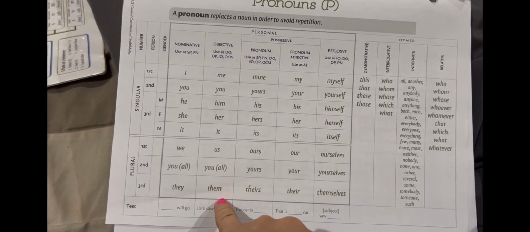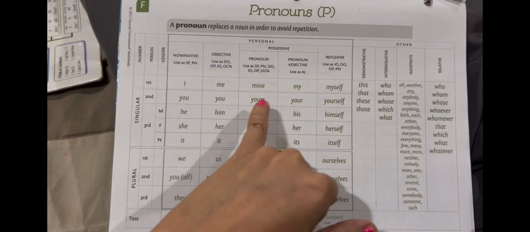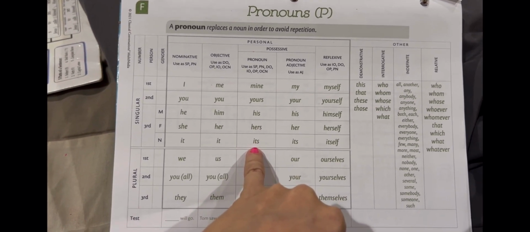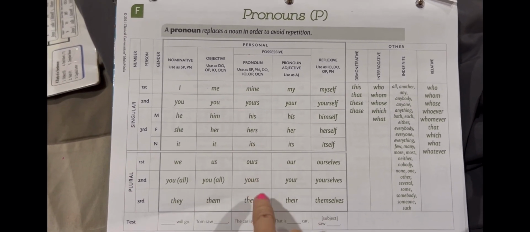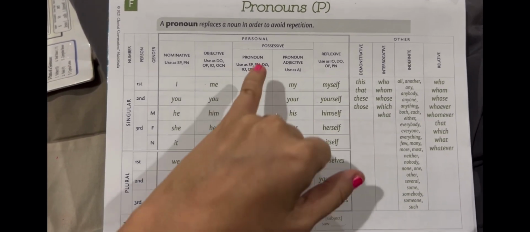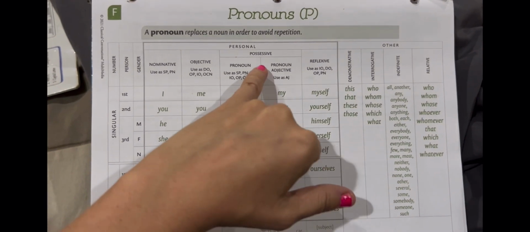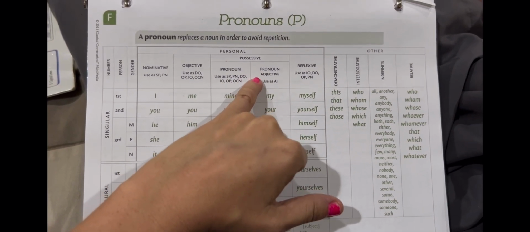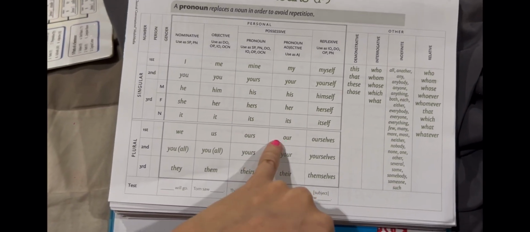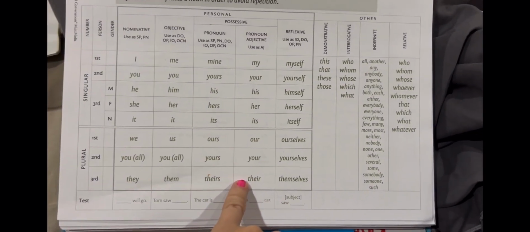Possessive pronouns, singular: mine, yours, his, hers, its. Possessive pronouns, plural: ours, yours, theirs. It might seem crazy what I'm about to say. Possessive pronoun adjectives, singular: my, your, his, her, its. Plural: our, your, their.